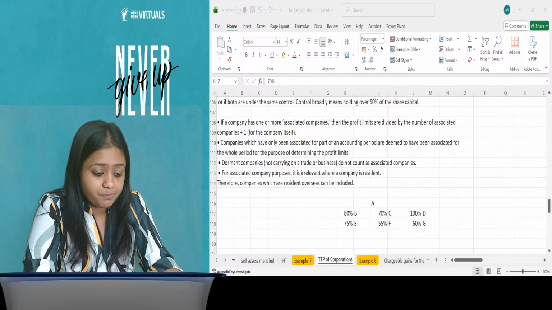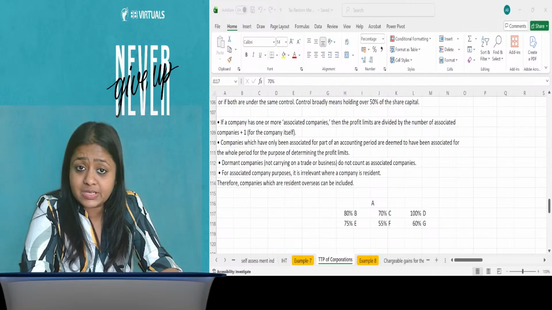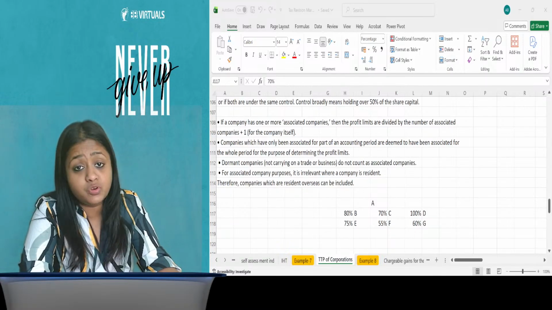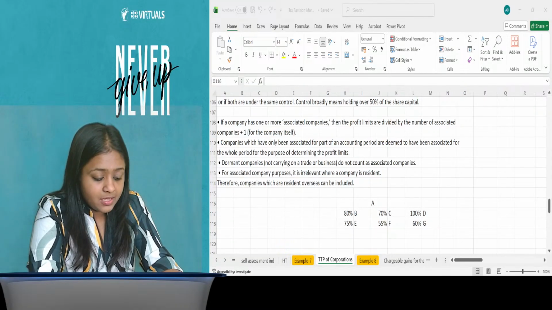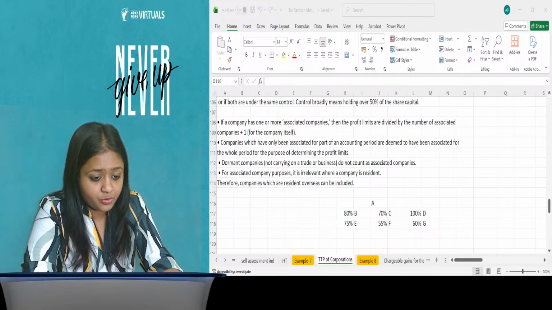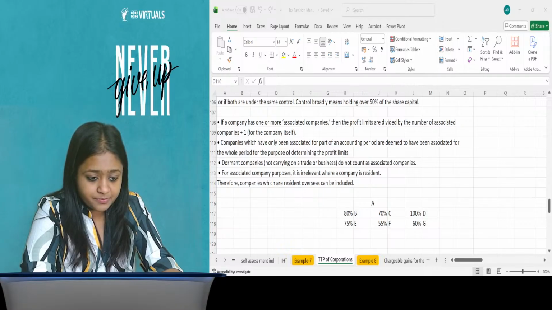So A to B, it is more than 50%. A to C is more than 50%. A to D is more than 50%. So now I know that A, B, C and D, so far, are part of the same group. Correct? I hope everybody agrees with this.